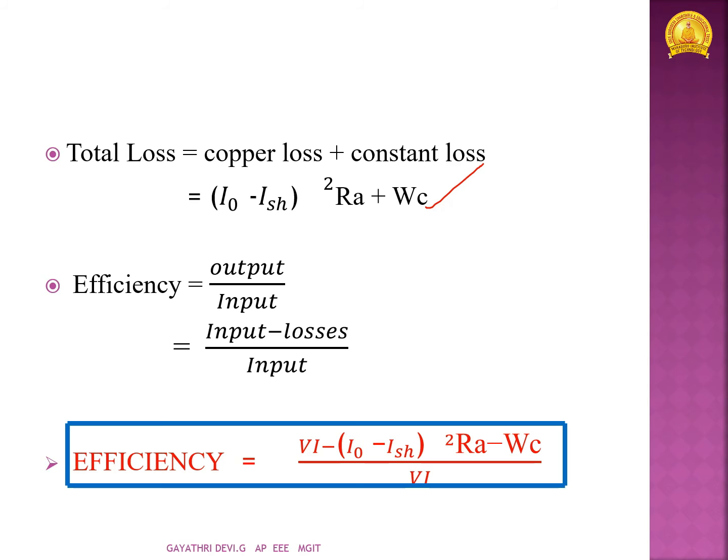Thus efficiency can be found out by using the basic format, output power by input power. Output can also be rewritten as input minus losses.